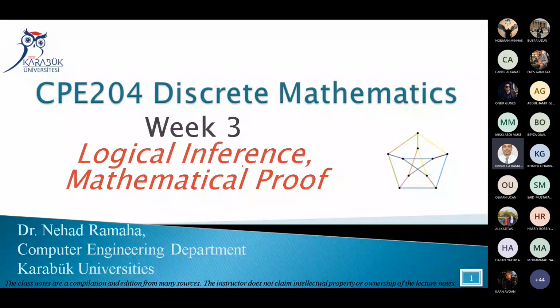We actually use logical inference and mathematical proof for the same issue, which is mathematical proof. But logical inference is a set of rules that are more formal than mathematical proof.